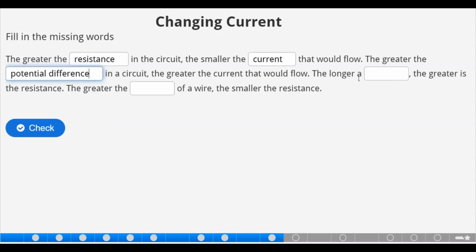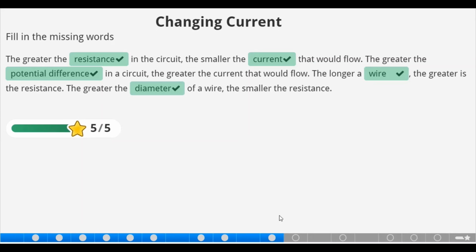The longer a wire, the greater the resistance. The greater the diameter of a wire, the smaller the resistance. Let's check. That is it.